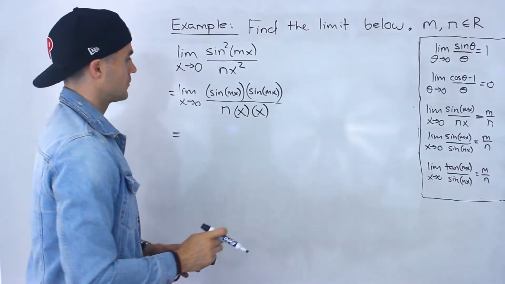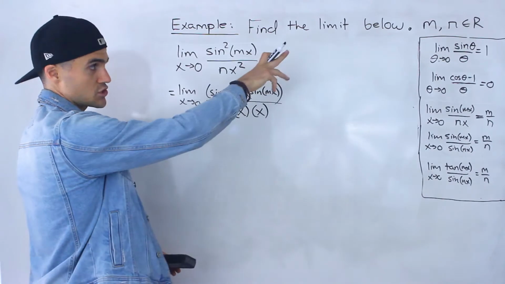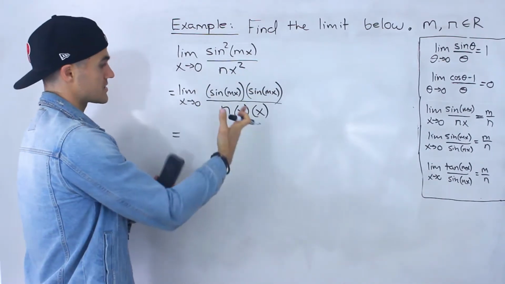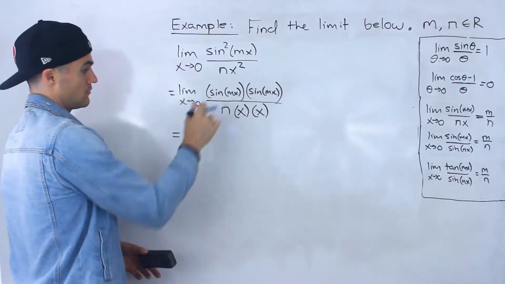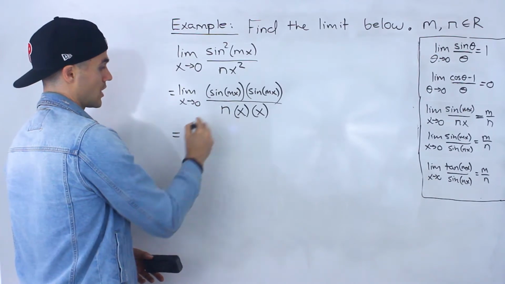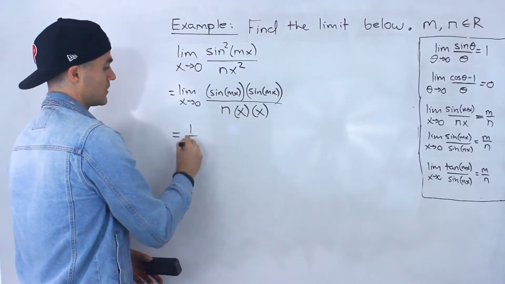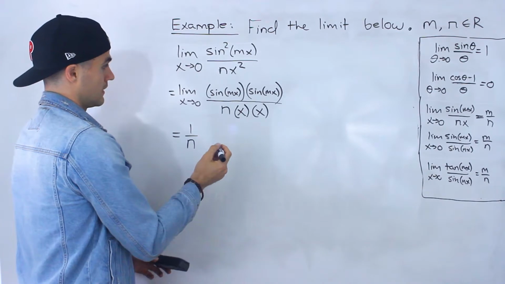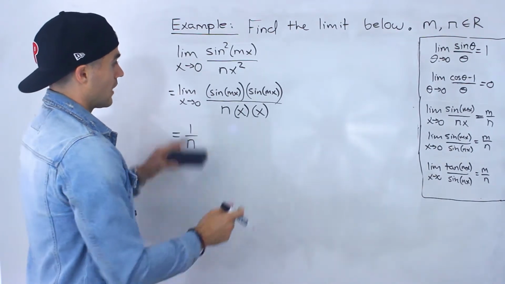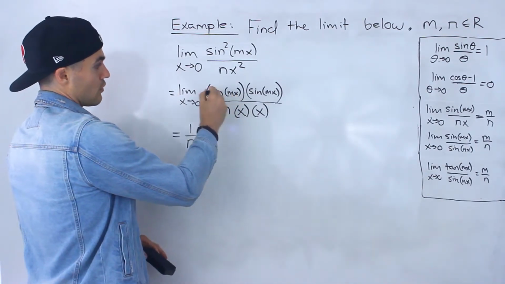And from here, I'm going to take this n, which is just a real number, some kind of constant, and factor it out of this limit. Notice it's in the denominator, so when we factor it out, it would be a 1 over n. So when we factor it out, we'll be left with these two.